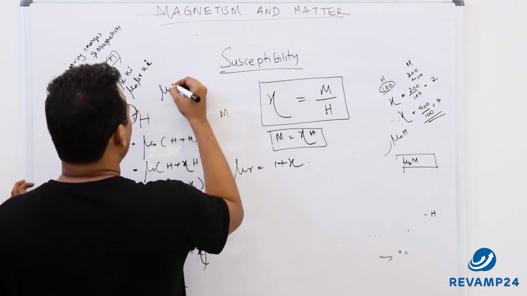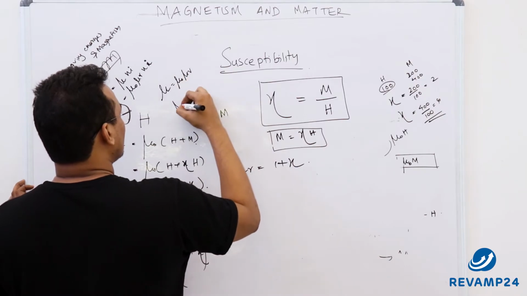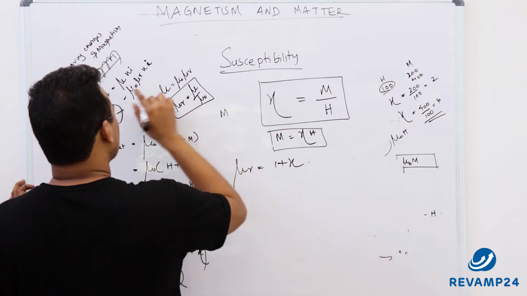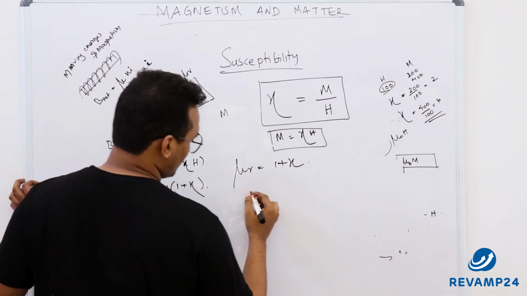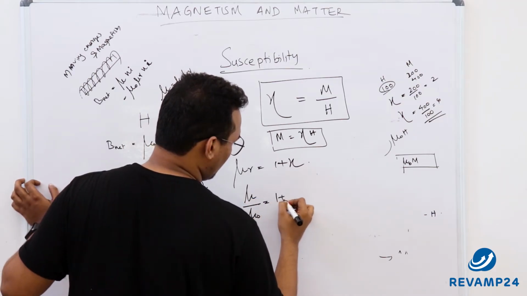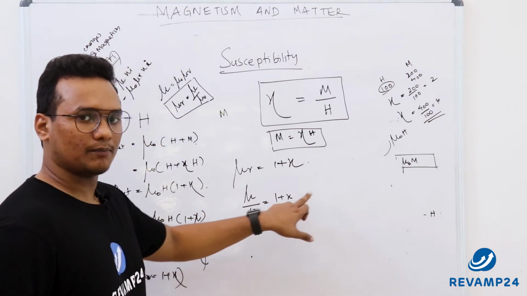We know mu is equal to mu0 into mu r. So mu r is equal to mu divided by mu0 from this equation. So mu by mu0 is mu r, equal to 1 plus susceptibility. So we got the equation mu by mu0 is equal to 1 plus susceptibility.